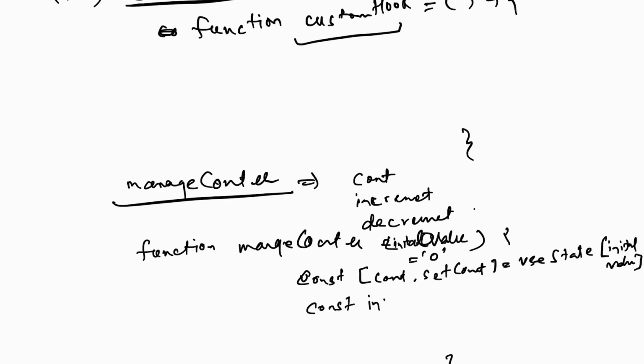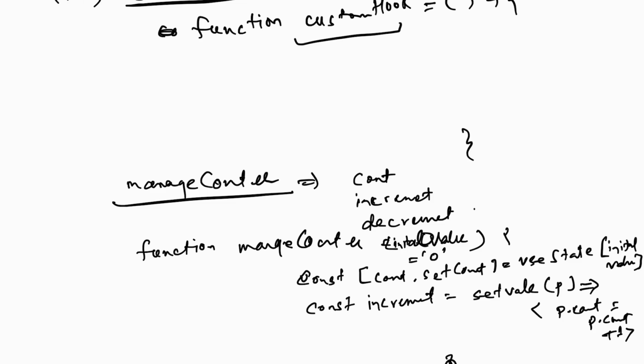I can have an increment. So I write const increment, the set value. What it will do is it will just increment the value and return, p dot count is equals to p dot count plus one.